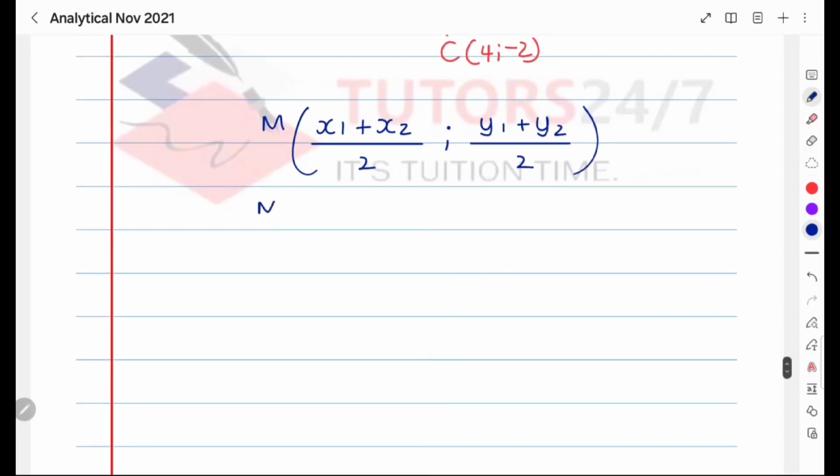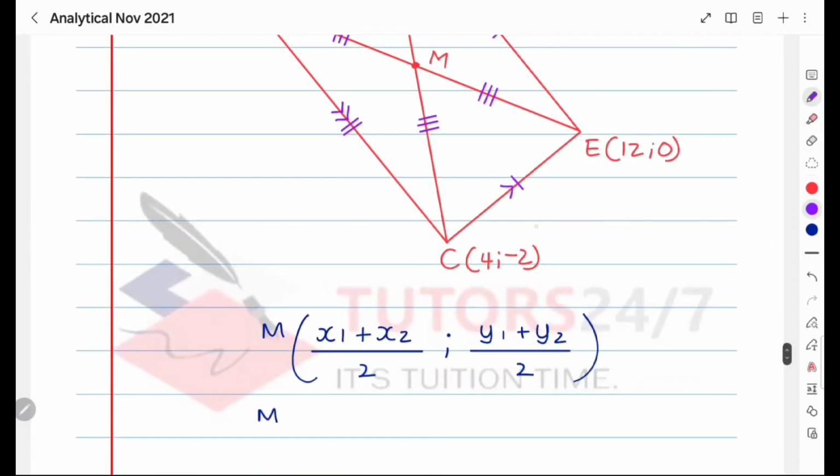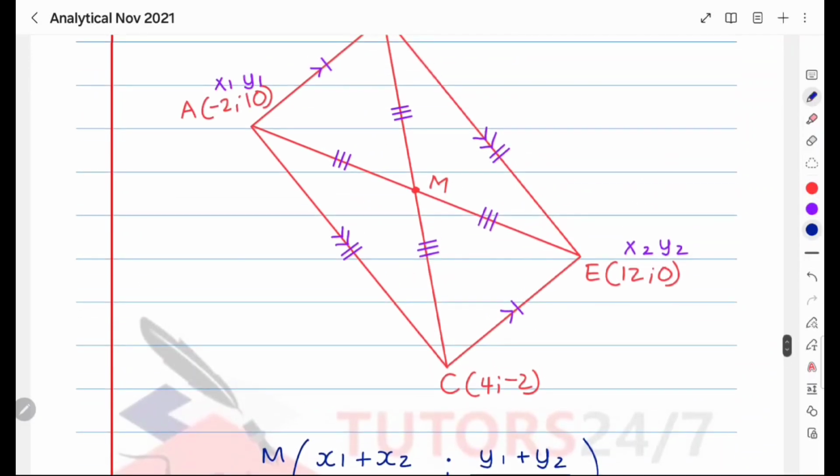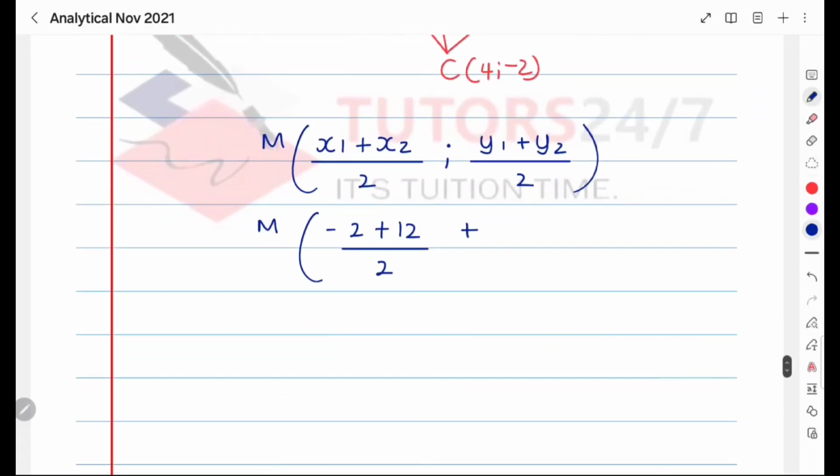Let's substitute. So I'm going to make A my x1 and y1, or rather E, my x2 and y2. So it's going to be negative 2 plus 12 all over 2 and 10 plus 0 all over 2.